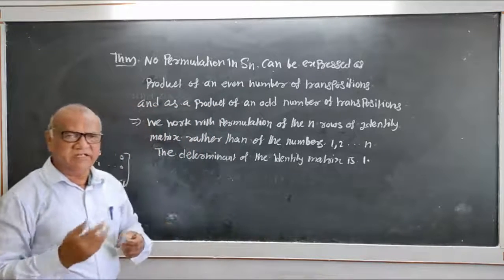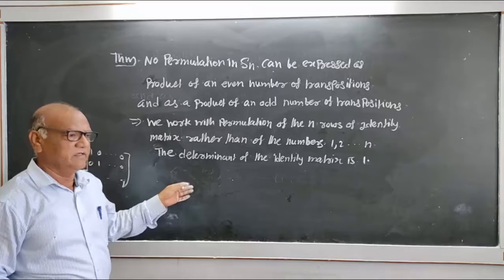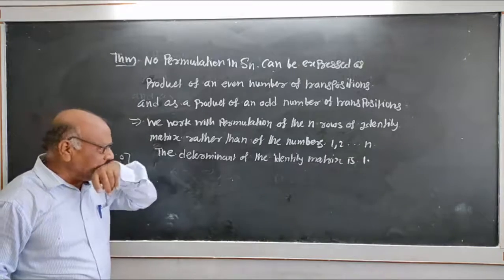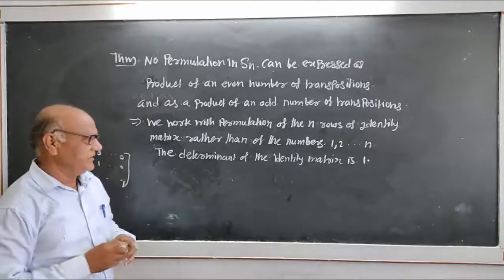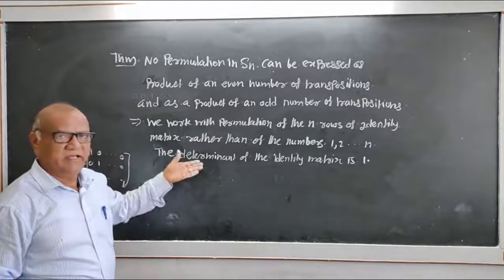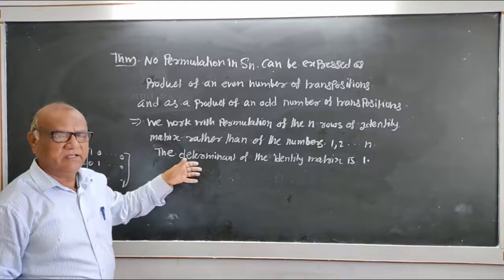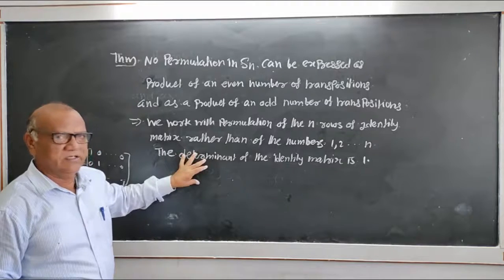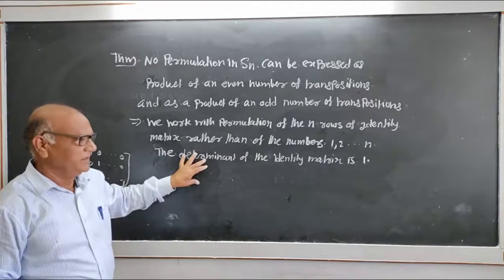If we interchange any two rows, then the determinant changes sign only. Okay?